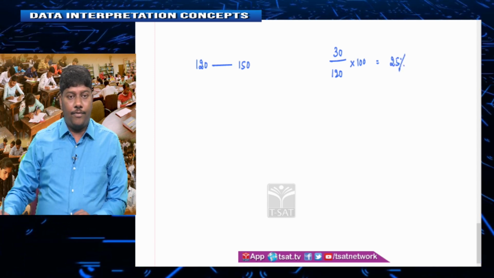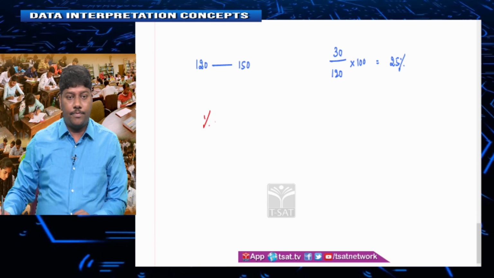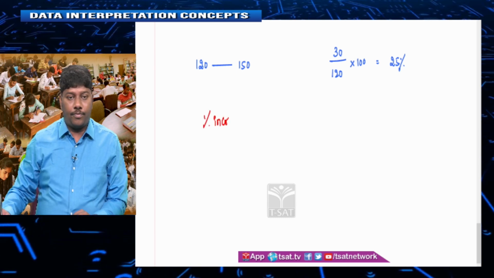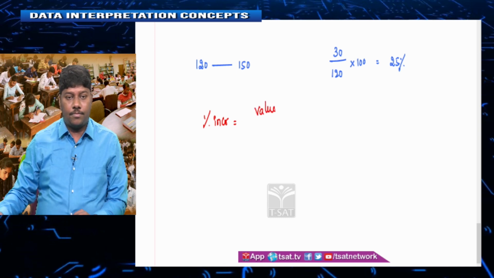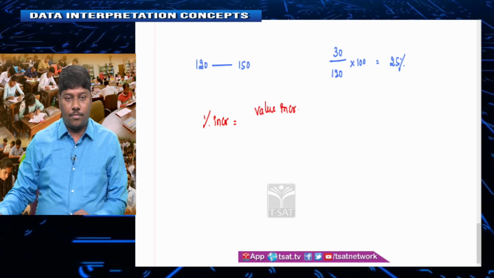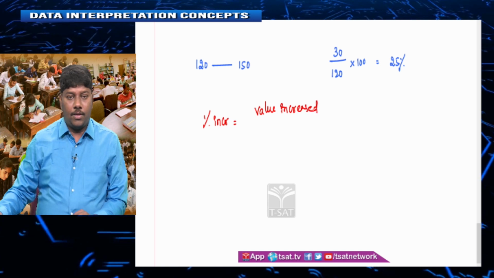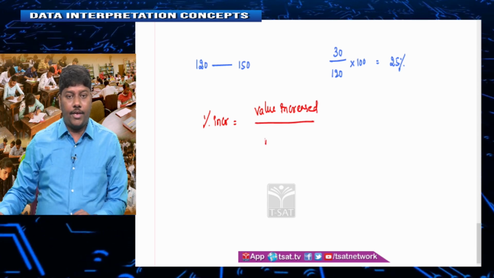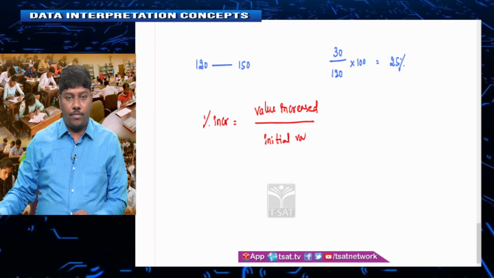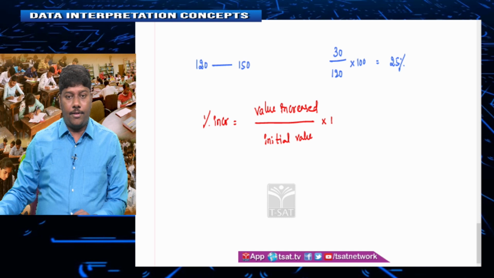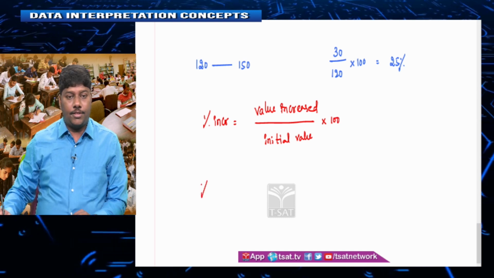So the normal formula for percentage increase: in the numerator you take the value increased, divided by the initial value, into 100. This is the formula for percentage increase.